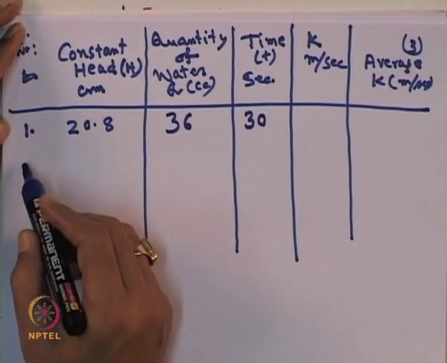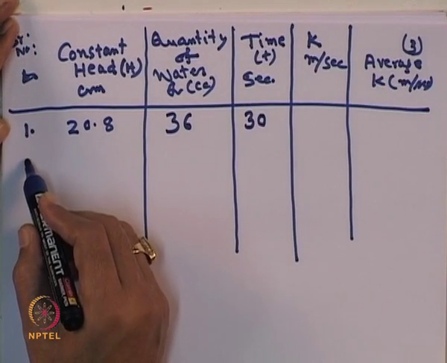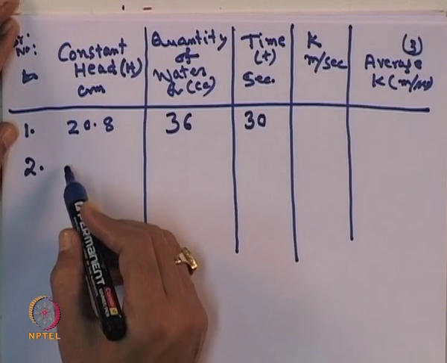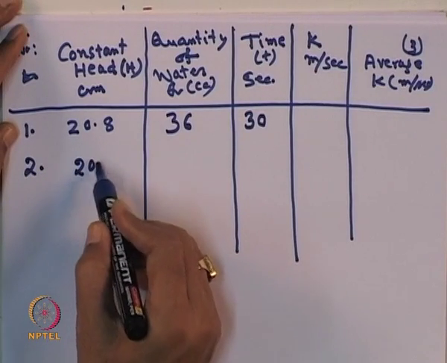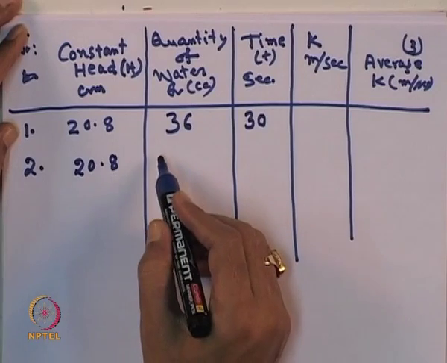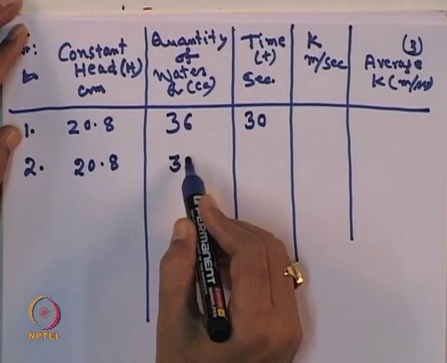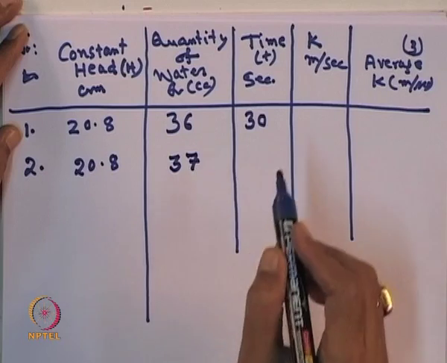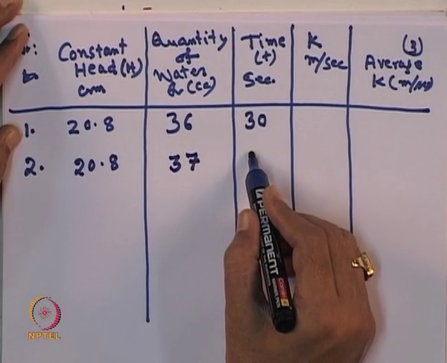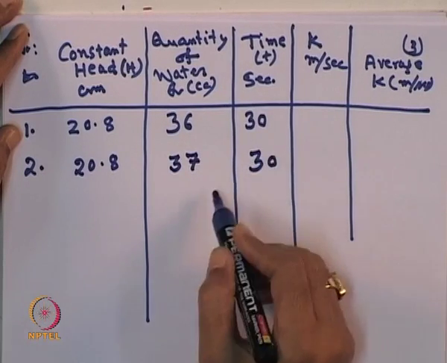Let us say another experiment, this head is constant 20.8 and quantity of water, let us say 37 cc, and time in seconds is equal to 30.